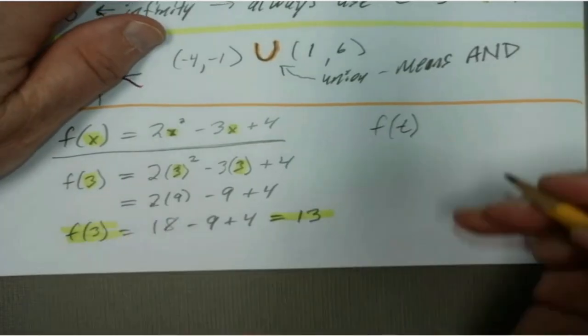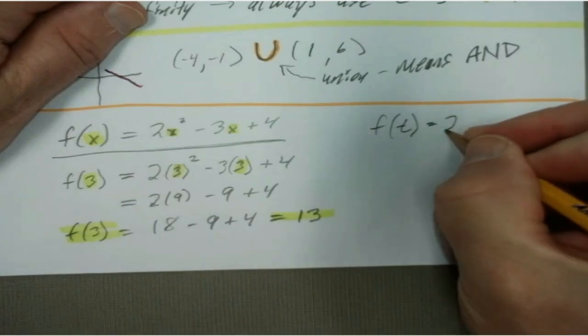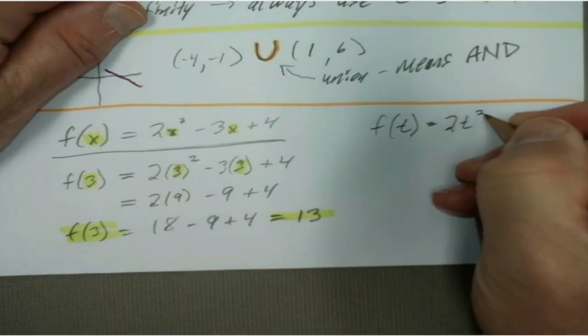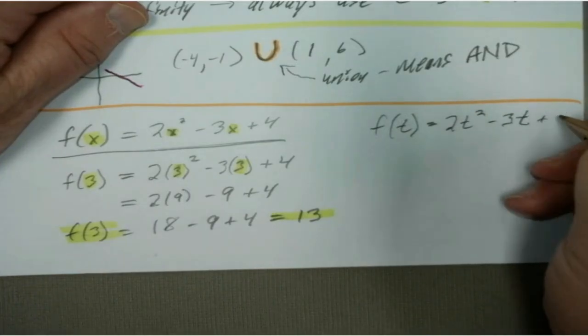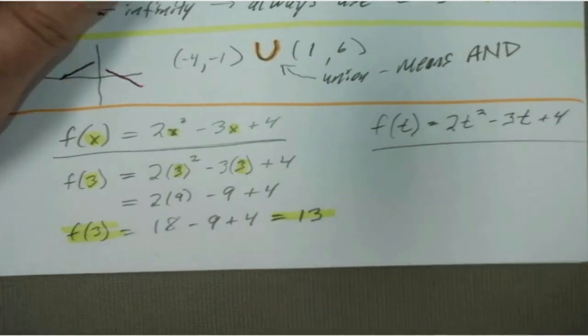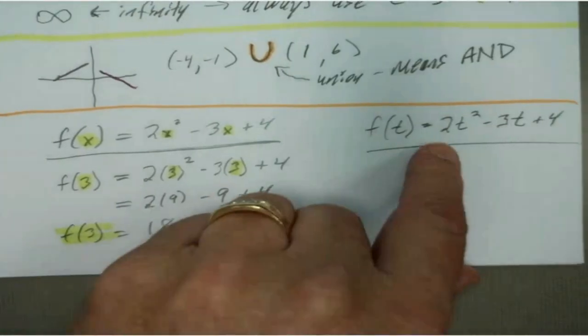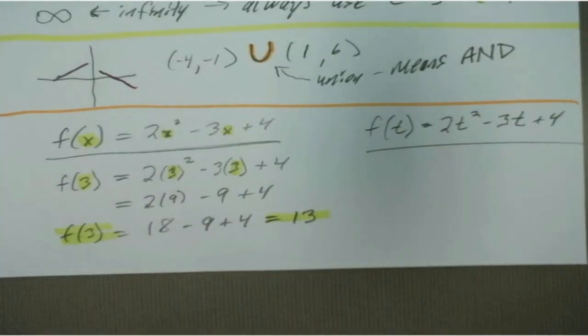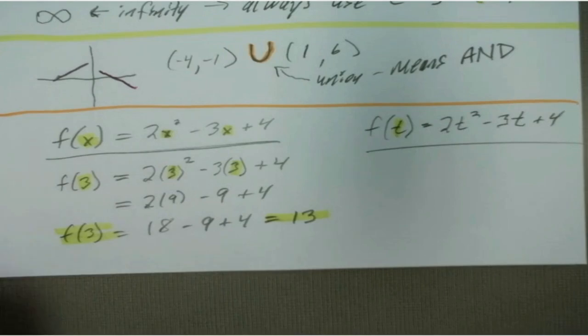Same thing. I just take out the x and I put in the t. So it is 2t squared minus 3t plus 4. And that's it. I can't do any more because I don't have a value for x. There's nothing to simplify. So if it just gives you an expression, t, you just substitute that in.